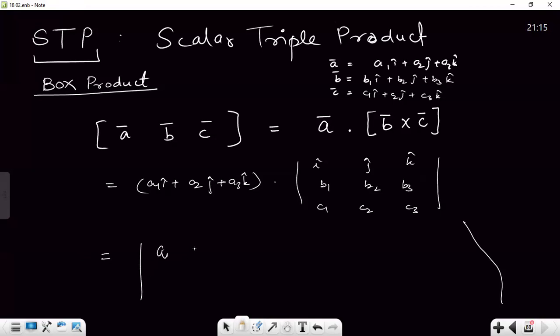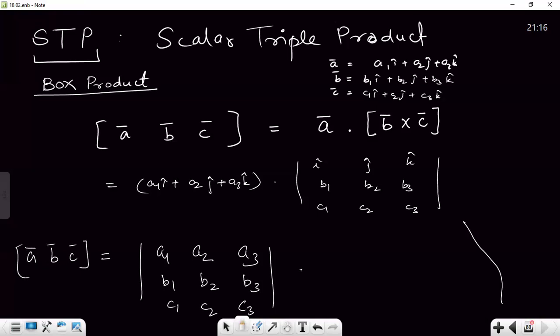So this will become A1, A2, A3, B1, B2, B3, C1, C2, C3. This is simply the STP that we call it: A vector, B vector, C vector, which is actually the dot multiplication of A with the cross multiplication of B and C.